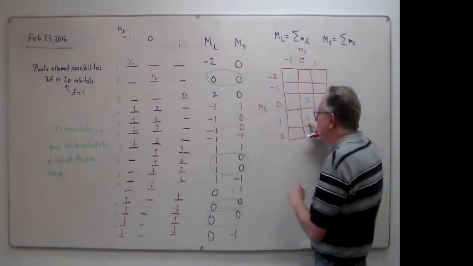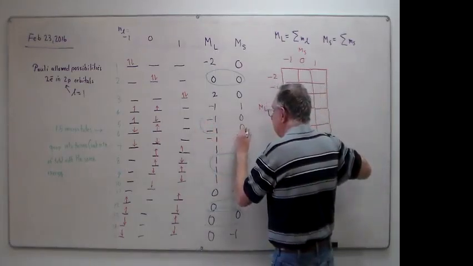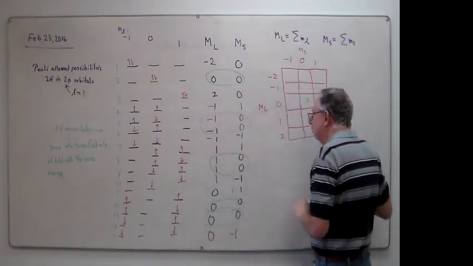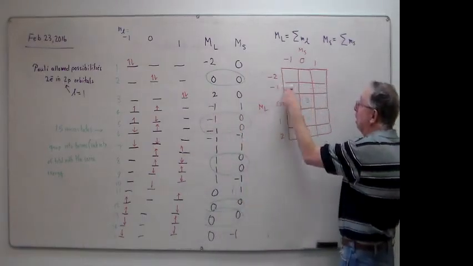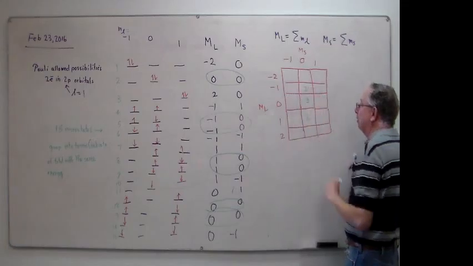Okay, how many have -1, 0? There's 2 right there.